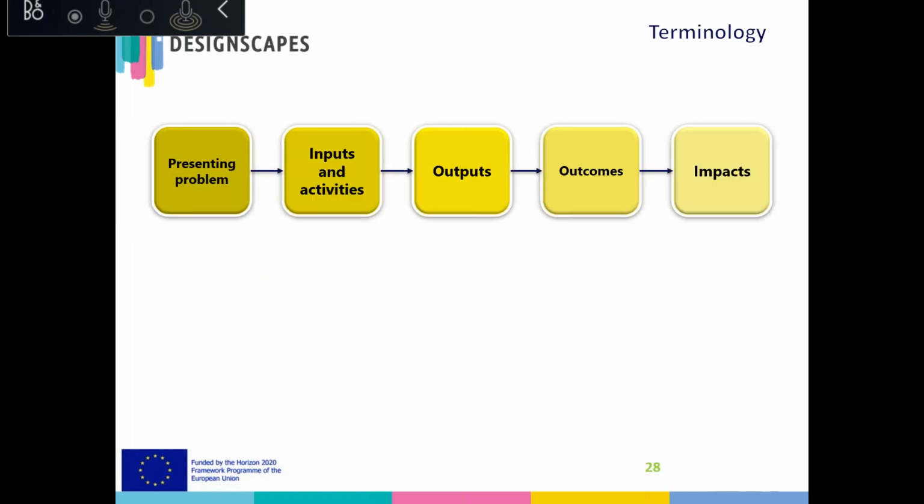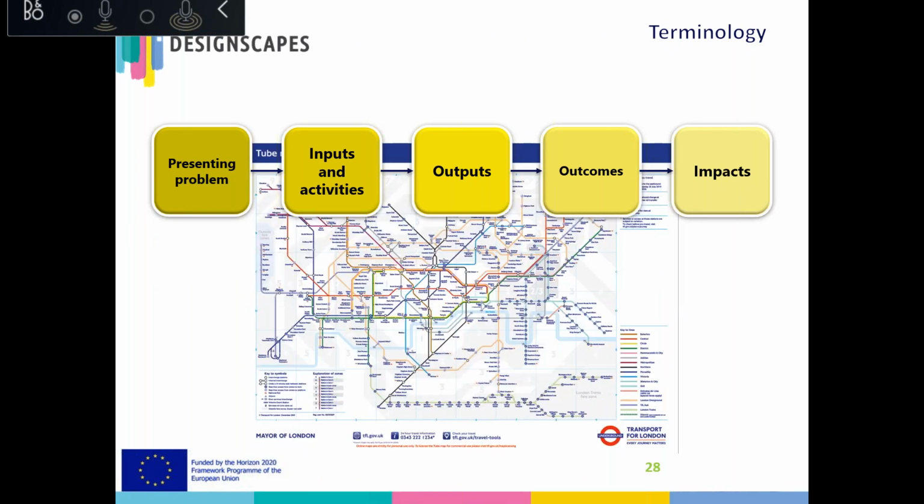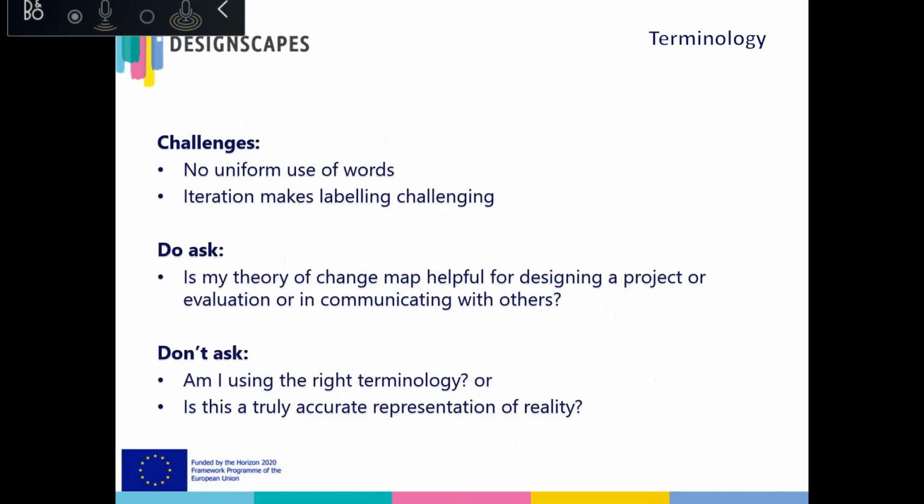Another set of tips, here again is our basic theory of change structure. And there, if you're not familiar with it, that is a map of the London Underground tube system. Now, there's a reason why we've put these together, and it's quite useful to think about a London Underground map, in fact, of any major city, for a number of reasons.